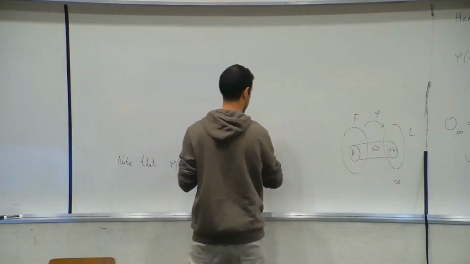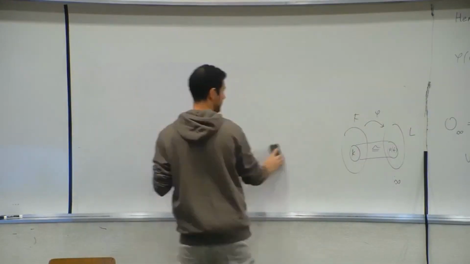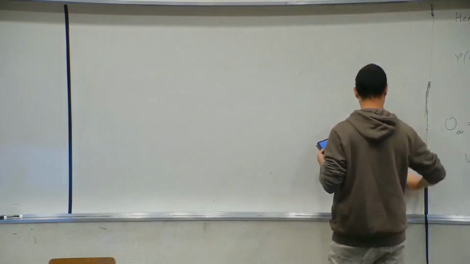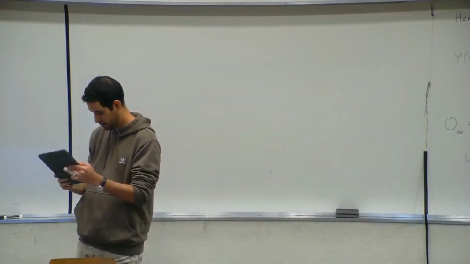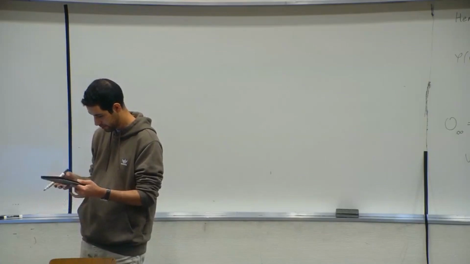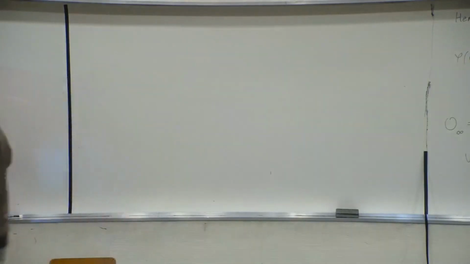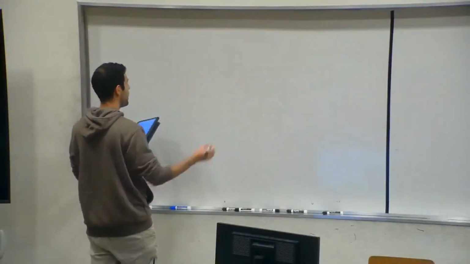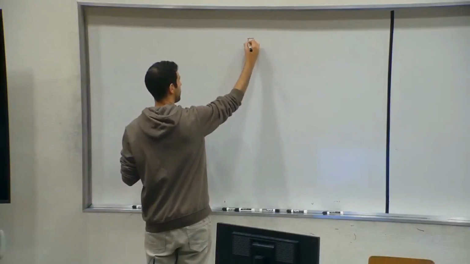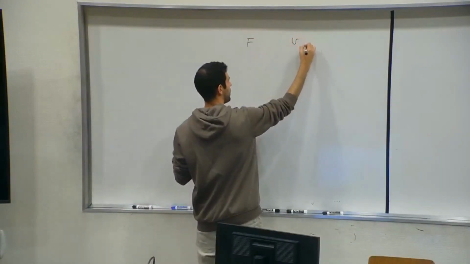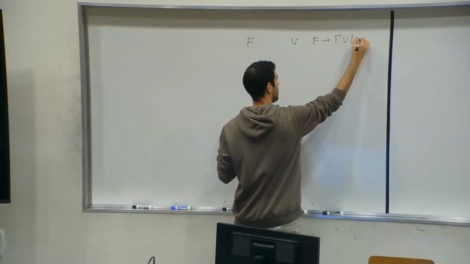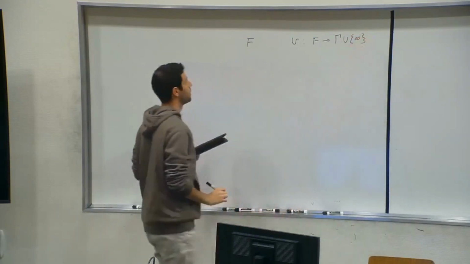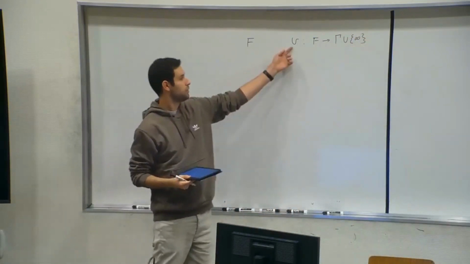Okay, so now the second part is as follows. We have some field F and some valuation V from F to some ordered group gamma union infinity.